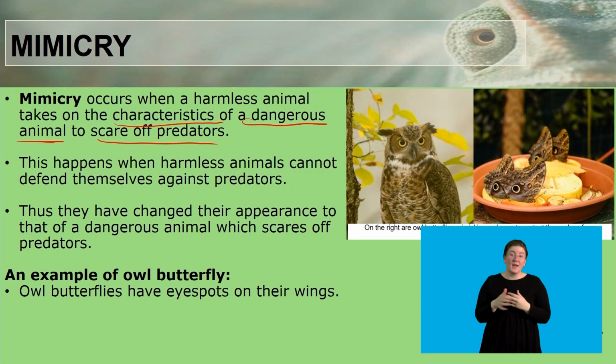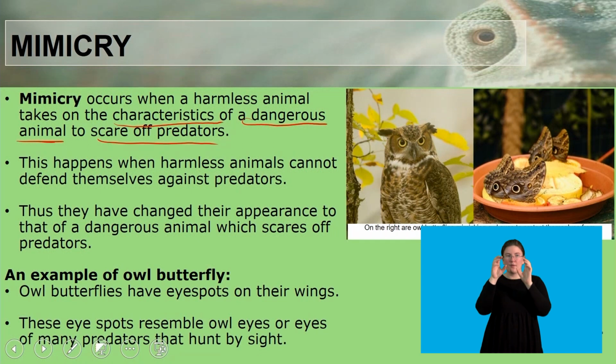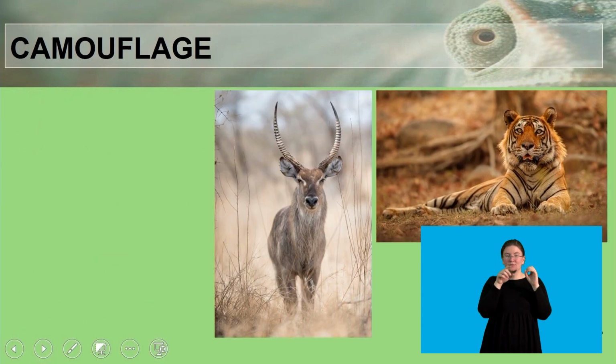Whatever animal preys on butterflies will be scared away from these butterflies because they resemble the image of an owl. Here on the right are owl butterflies mimicking owl eyes to protect themselves from predators. These eye spots resemble owl eyes or the eyes of many predators that hunt by sight.